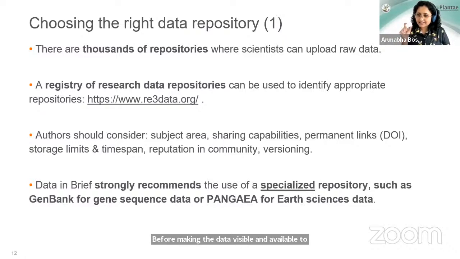So that acts as an extra badge of confidence in your data. When you say that you have uploaded it to GenBank, you know that it has undergone some level of quality checks, and that gives your readers or your reviewers some extra confidence in your research. And that improves reproducibility and findability, as I said before.